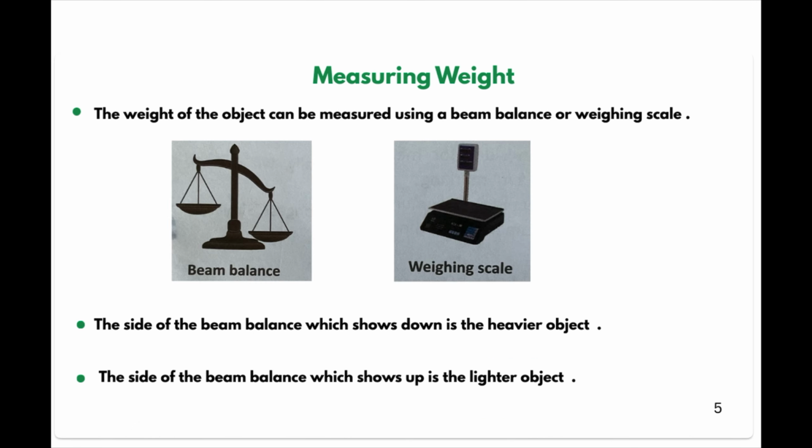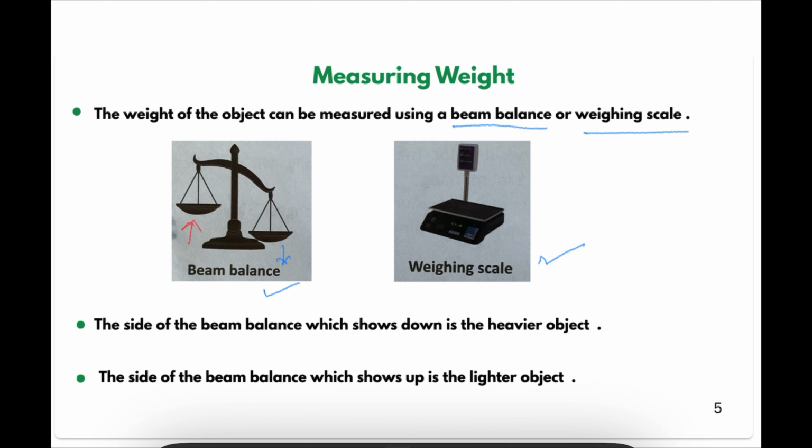Now let's learn about measuring weight. The weight of an object can be measured using the beam balance or the weighing machine. So this is your beam balance and this is your weighing machine. The side of the beam balance which shows down is the heavier object and the side which shows up is the lighter object.